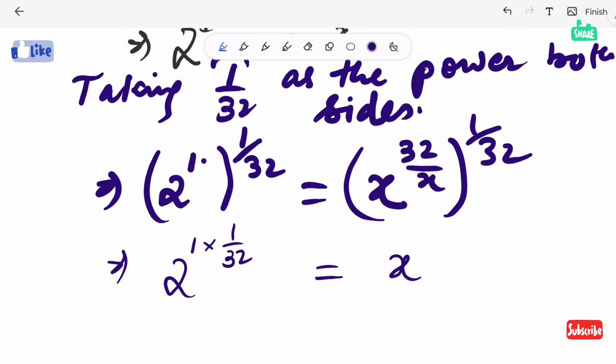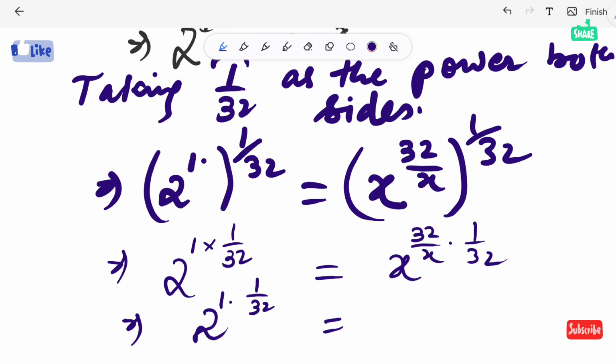Similarly, on the right hand side x to the power 32 by x and 1 by 32. So 2 to the power 1 times 1 by 32, and here also x to the power 32 by x into 1 by 32.